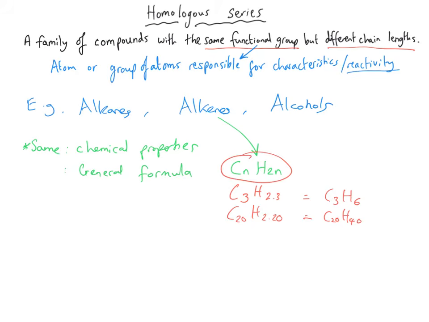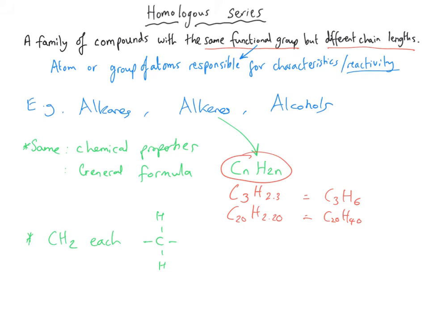As you work your way through the homologous series, each member is longer by CH2 each time. What you're adding as a chain grows in a homologous series is an extra CH2 group. As a result of this growing chain length, members of a homologous series have predictable patterns in physical properties.